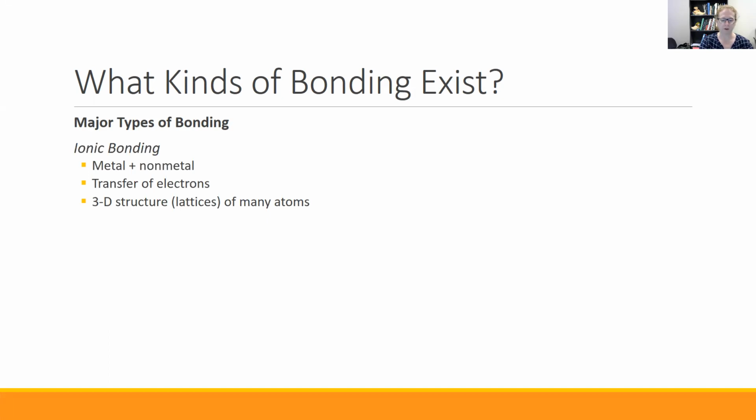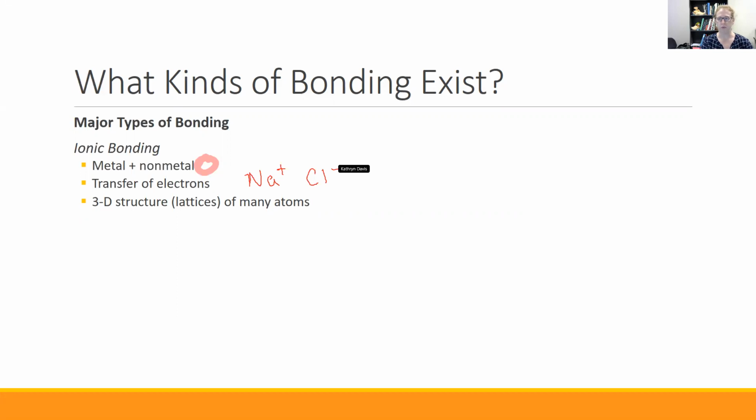And we've talked about this a little bit already, in that there's metals and nonmetals that make ionic compounds, and it involves the transfer of electrons. So, sodium and chloride: what happens is sodium becomes sodium plus and chloride becomes chloride minus.